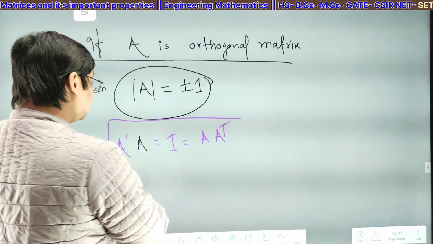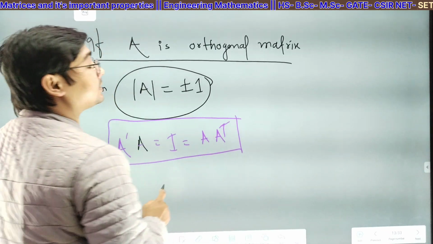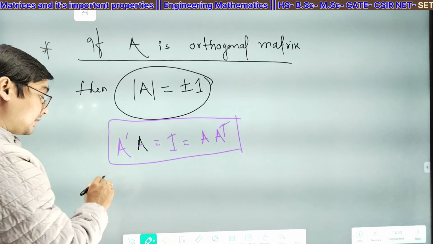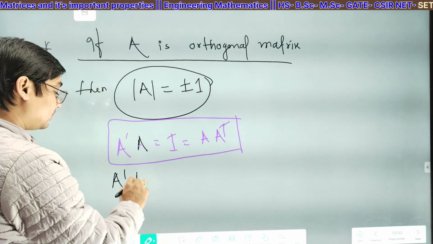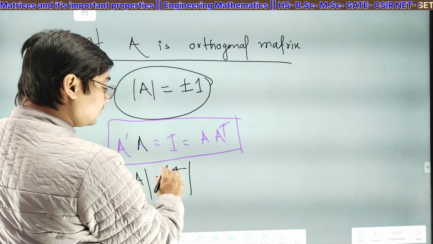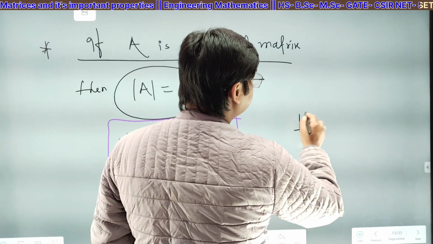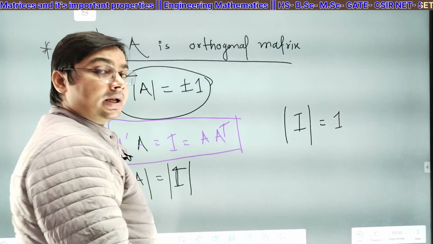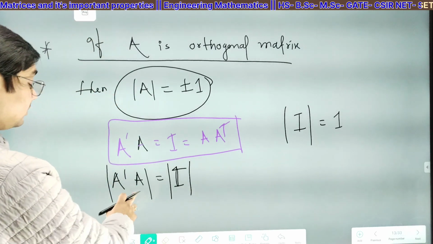If this happens, then we call the matrix orthogonal. Now we take the determinant on both sides. Also remember that the determinant of the identity matrix is always 1 for any order.